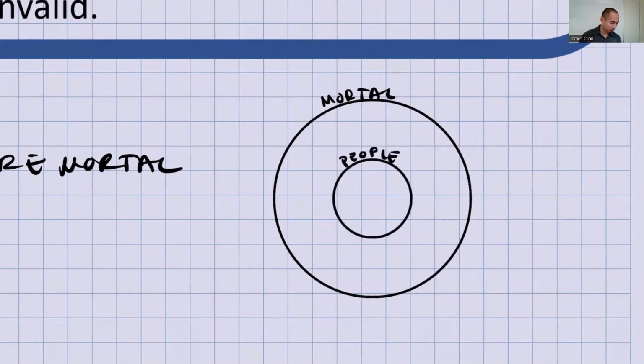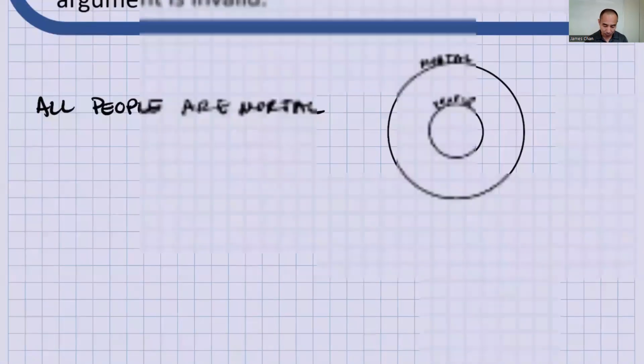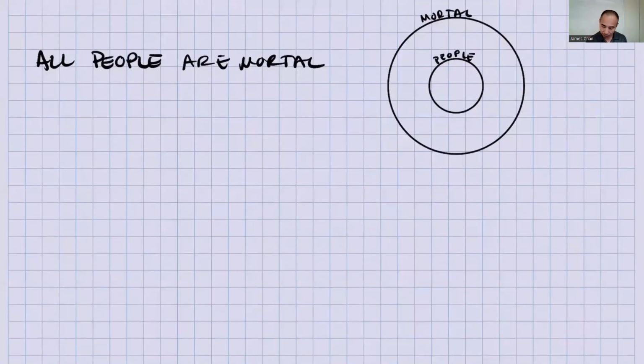So all people are mortal. And the second premise says some mortals are students. So where would I draw this circle?